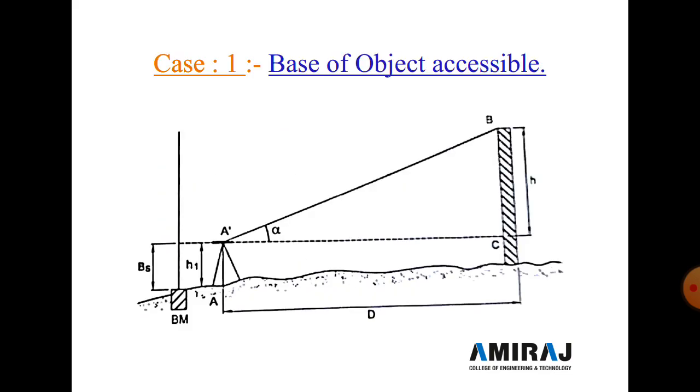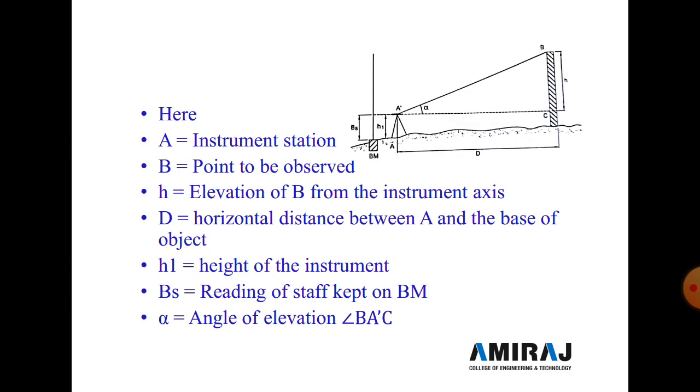Here we discuss the base of the object accessible. Point A shows the instrument station. After seeing this figure, point B shows the observed point. Now small h is the elevation of B from the instrument axis.